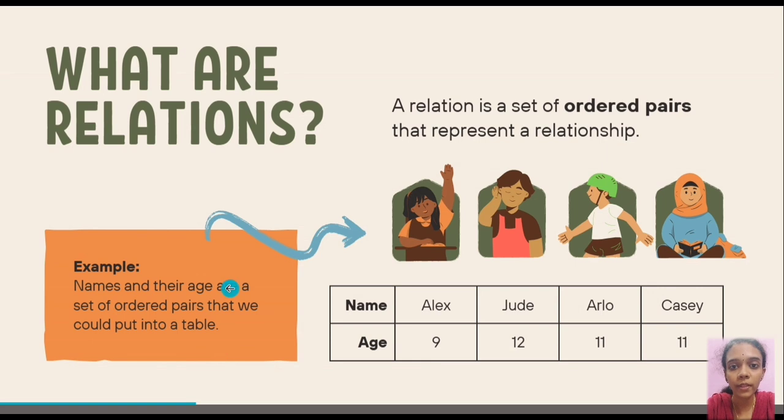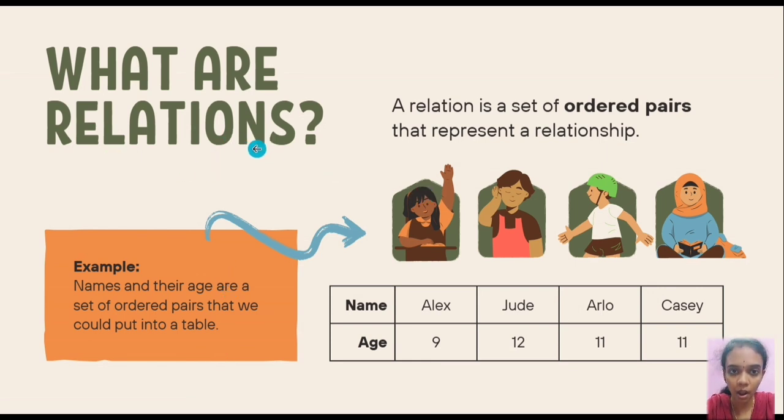As we saw previously, we got an overview of relations and functions. Now, let's look more closely at what a relation is with a proper example. A relation is simply a set of ordered pairs that connects elements from one set to another. For instance, we can relate names and ages. Each name gets matched with an age.